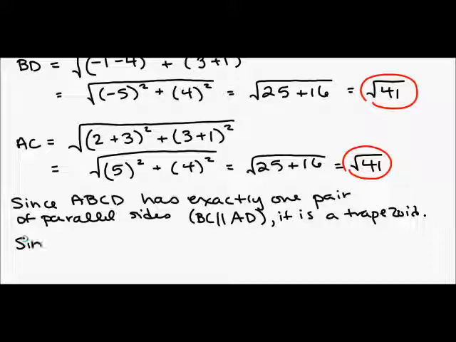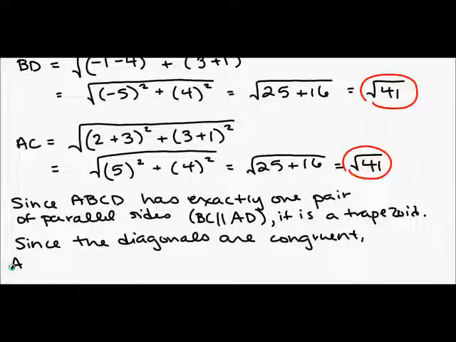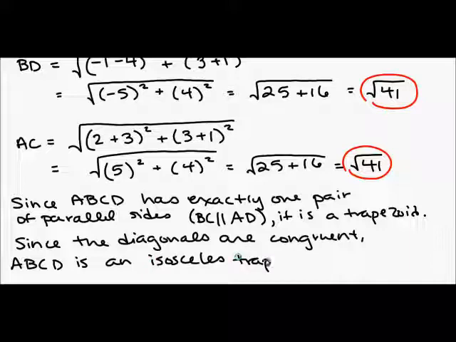So I'm going to say, since the diagonals are congruent, ABCD is an isosceles trapezoid. Okay, and that's it for this example.